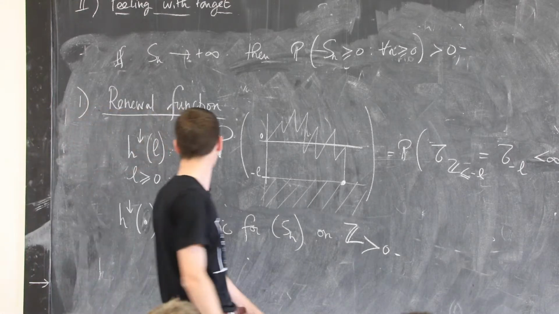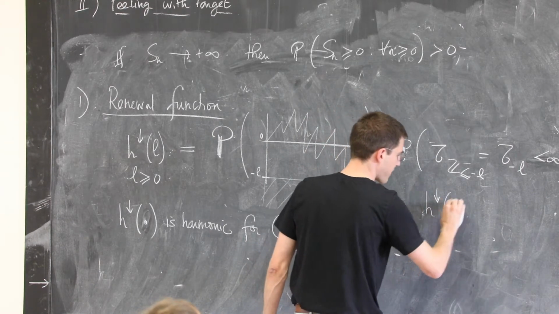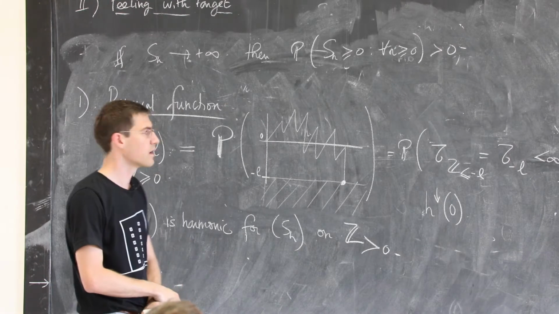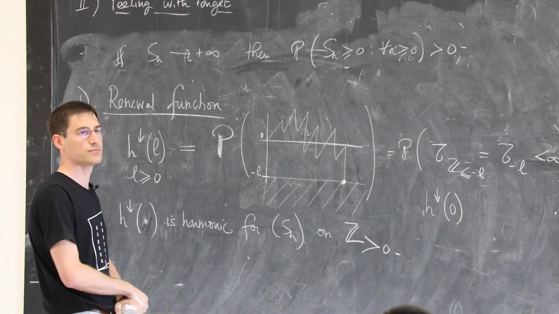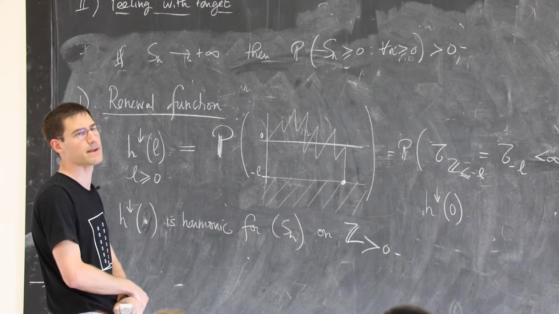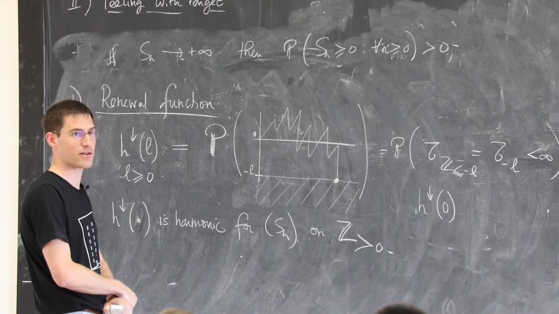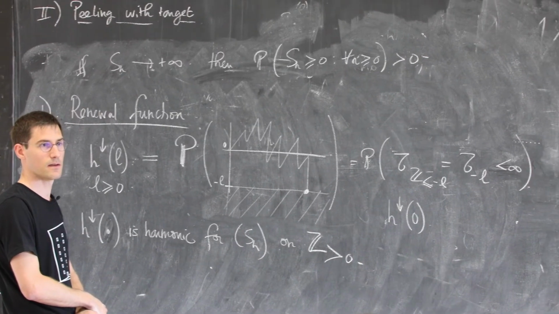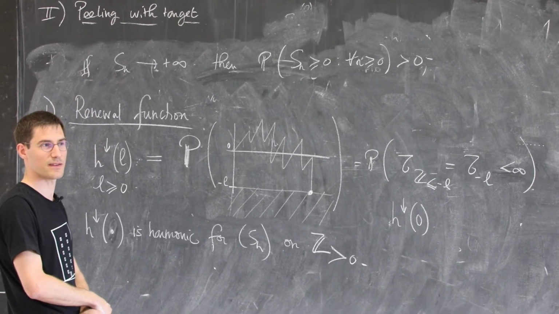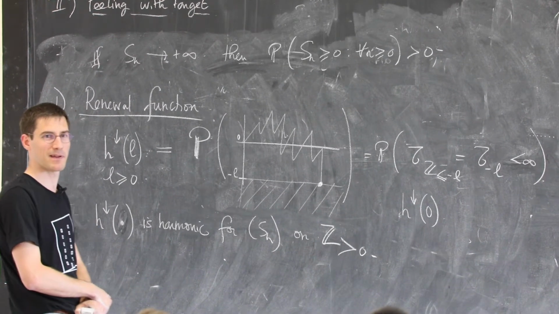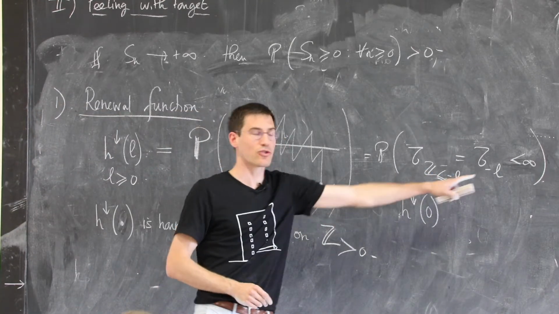So what is h? Let's see if you have understood. What is h down arrow of 0? That's the probability that the first time I'm in the negative, I'm at 0. But at time 0, I am at 0. So L is equal to 0.